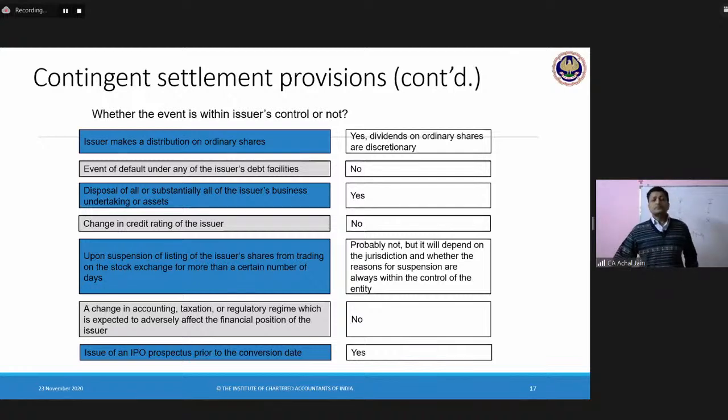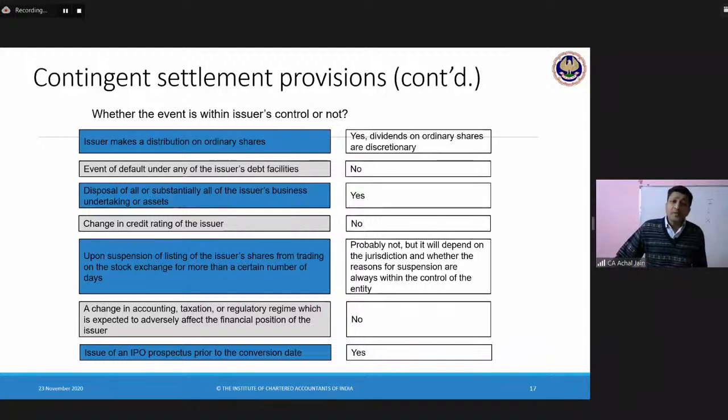No. Suspension of listing of the issuer's shares from trading on the stock exchange for more than a certain number of days. Can this be within the control of the issuer? Again, no. A change in accounting, taxation or regulatory regime which may have an adverse impact on the issuer. Can this be within the control of the issuer? Again, no.